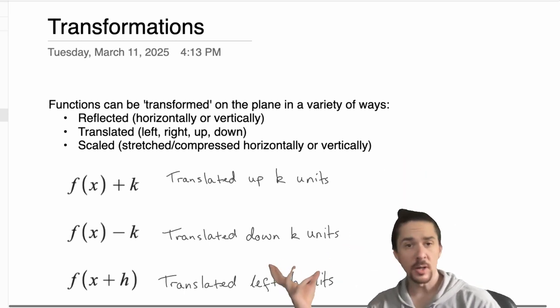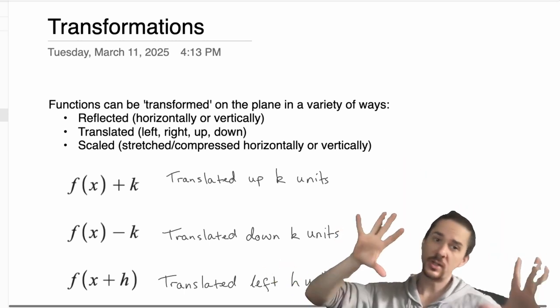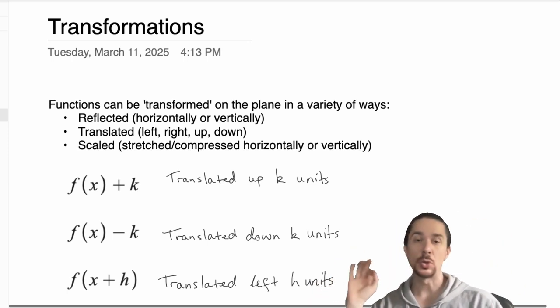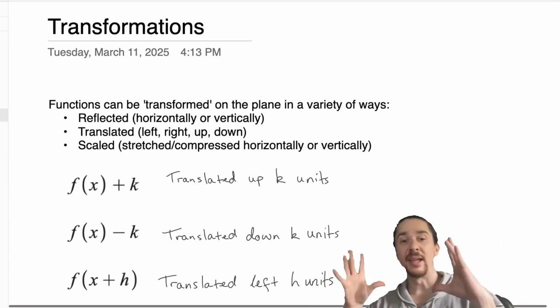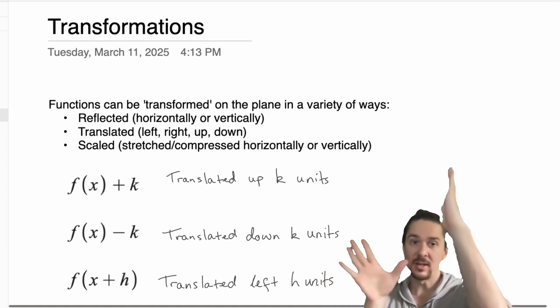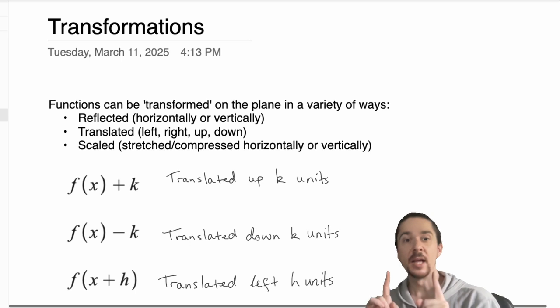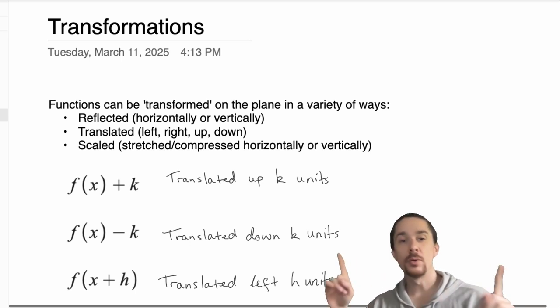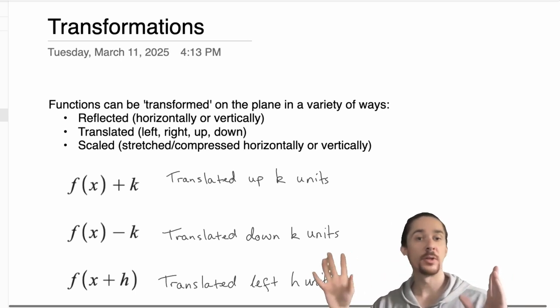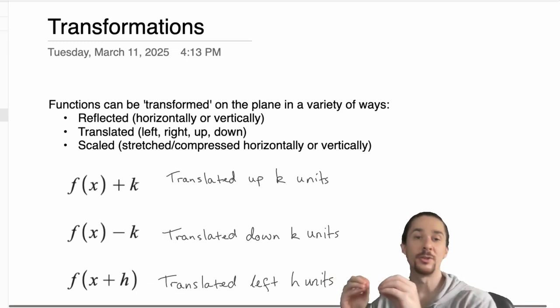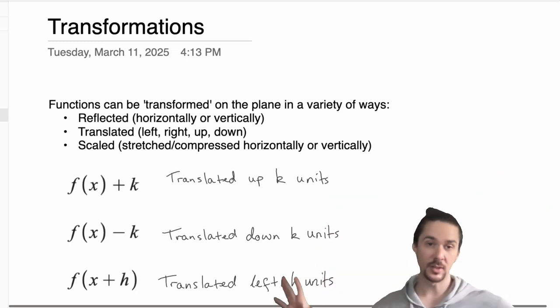You could imagine other transformations such as rotating a function. We don't touch rotations in this course, and the reason is if a function passes the vertical line test but you rotate it, at some point it may cease to be a function. And so for that reason, we don't talk about rotations when we're studying functions. We would talk about rotations if we were just studying relations in general.